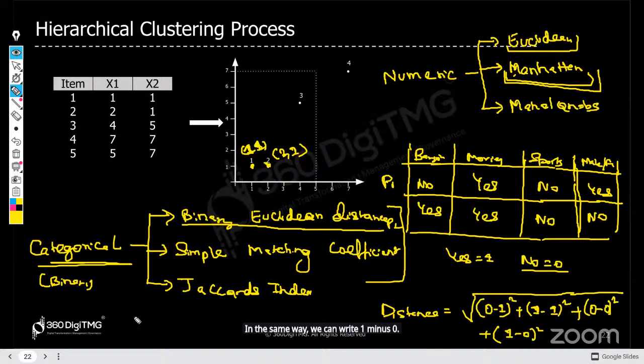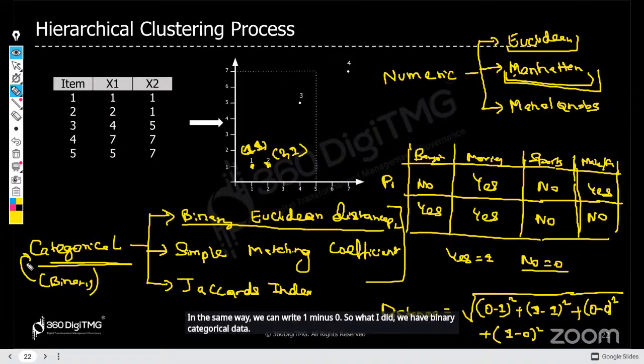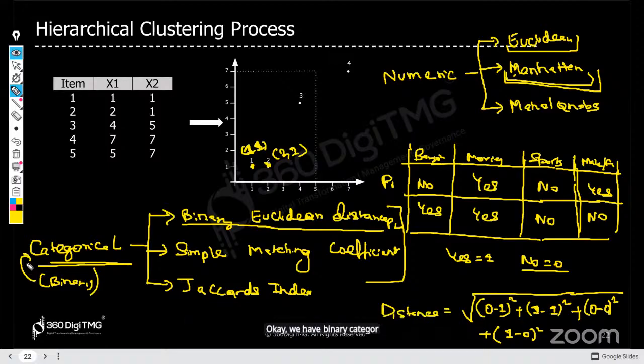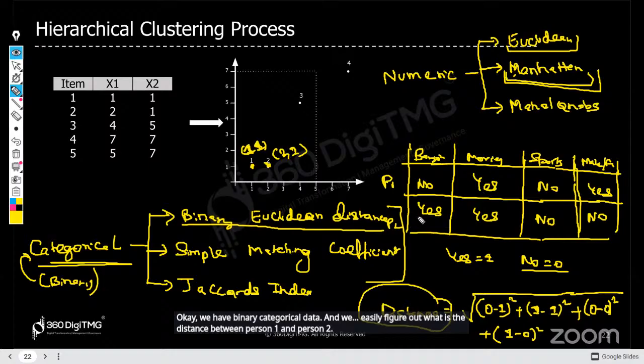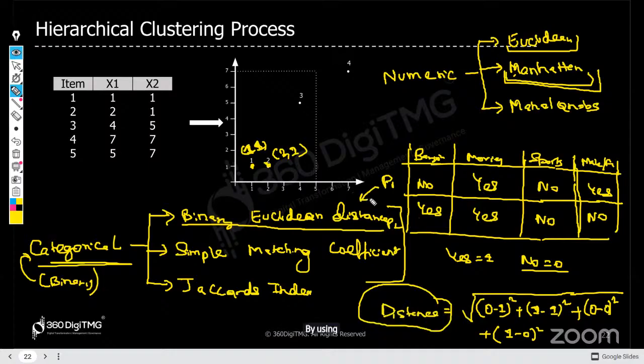So we have binary categorical data, and we easily figure out the distance between person 1 and person 2 by using this binary Euclidean distance.